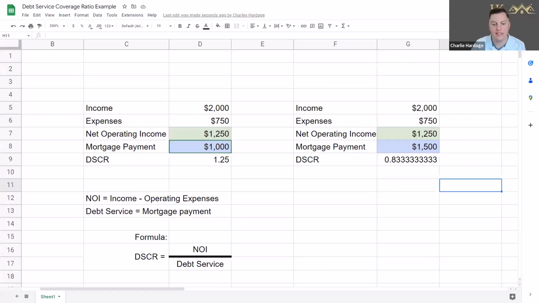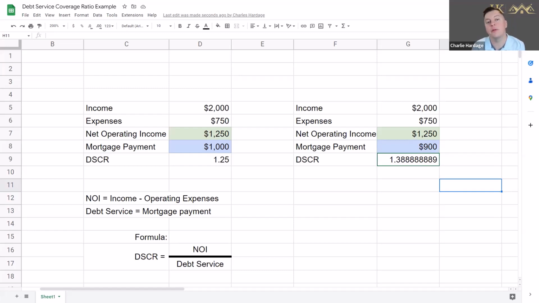So, actually, I'll go back to my screen. One of the ways that you could make a property like this work is to put more money down. So maybe you put more money down and now your mortgage payment is only $900 a month. So you have to put more money down up front, but now it cash flows better, and the DSCR is much higher.